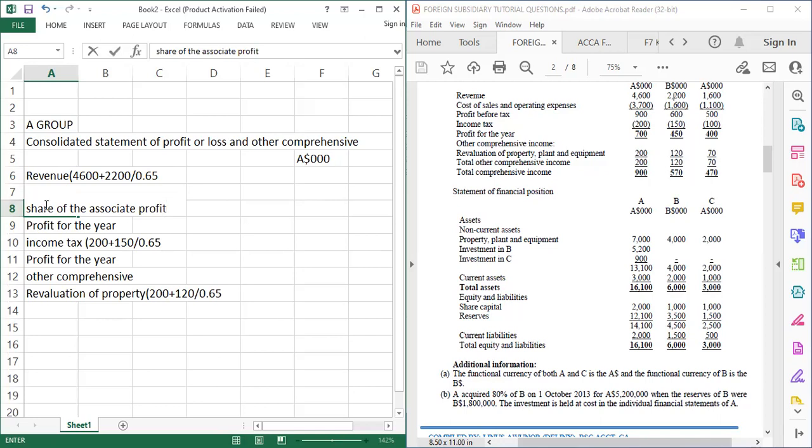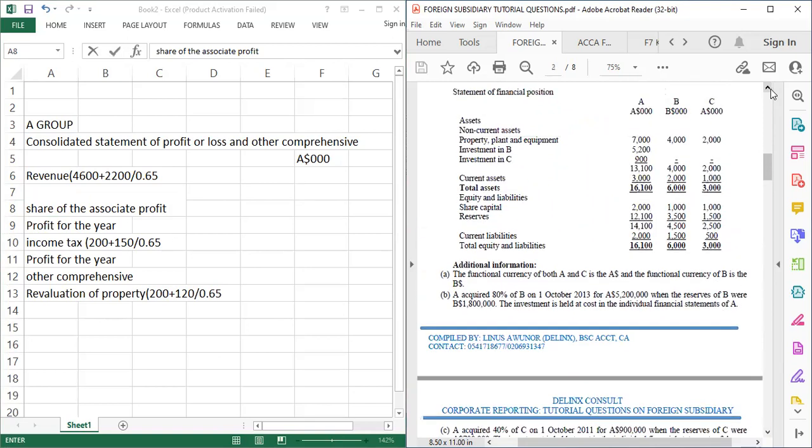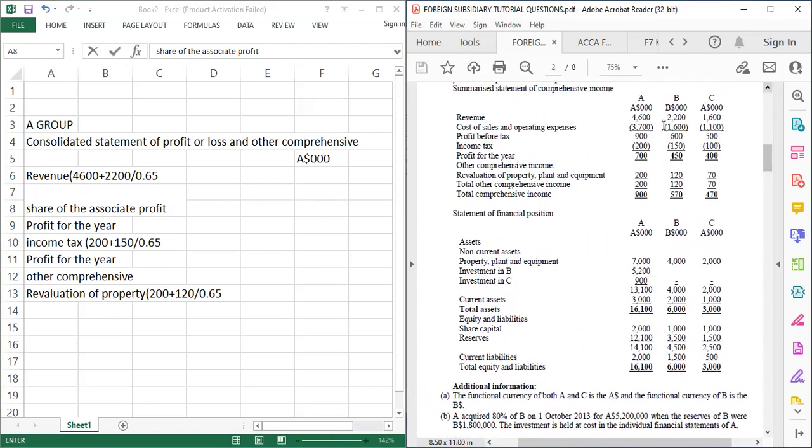When did we acquire the associate? They were acquired in October 2011. That was so many years ago. So what is the profit made by the associate? Their profit for the year is 400, so we find 40% of that.